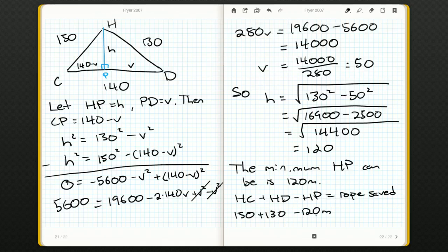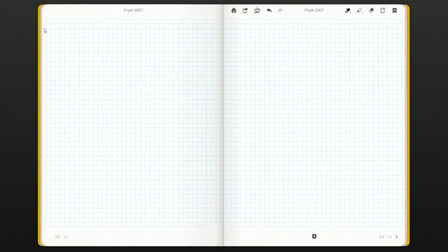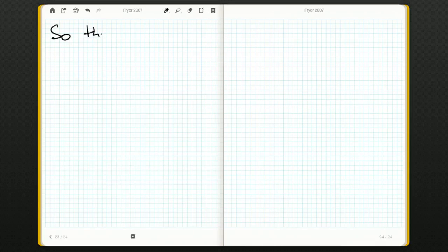But we could reduce that down to 120 meters. So that's a difference of 160 meters. So the most rope we can save is 160 meters. That's how much rope we could save in total.